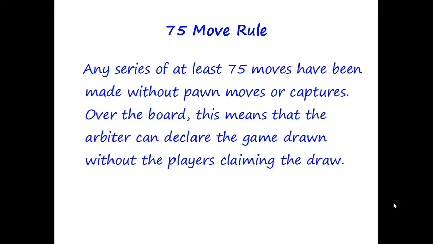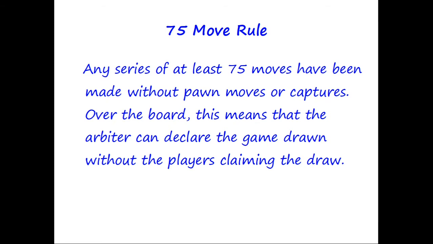Finally, there are 2 less known rules which come here. So the 75 move rule is very similar to the 50 move rule, except here it doesn't have to be the last 75 moves. It can be just any 75 moves in the game, and also the arbiter doesn't have to wait for the players to claim the draw.